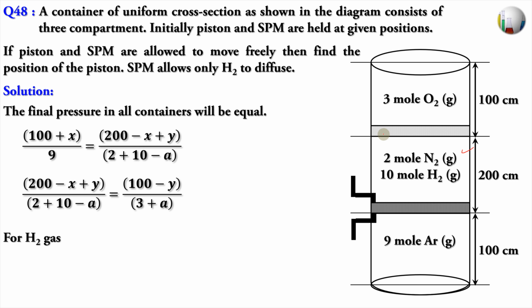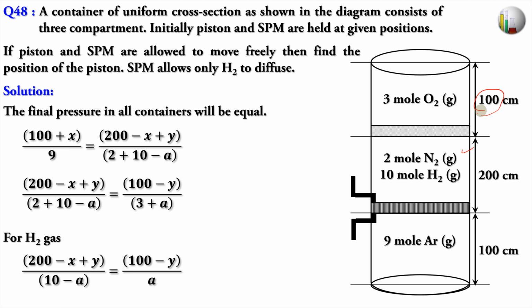For H2 gas separately we can do 200 minus X upon 10 minus A and 100 minus Y upon A. So 3 equations, 3 variables. I know it's a little cumbersome to solve, but you've got to solve it. From here A comes out to be 6, X comes out to be 5.